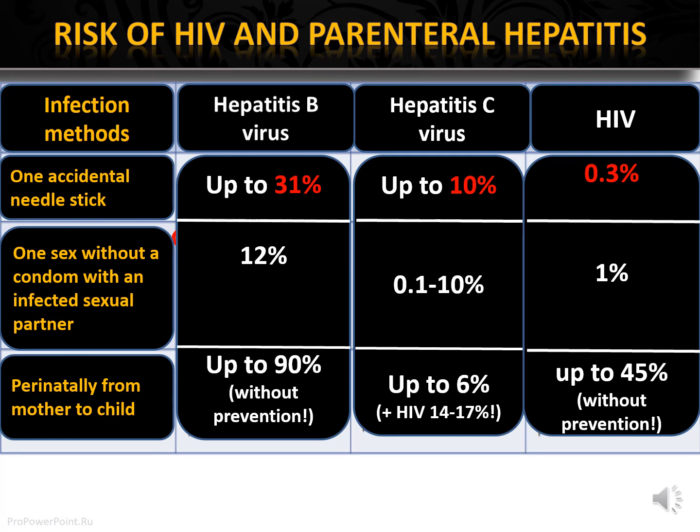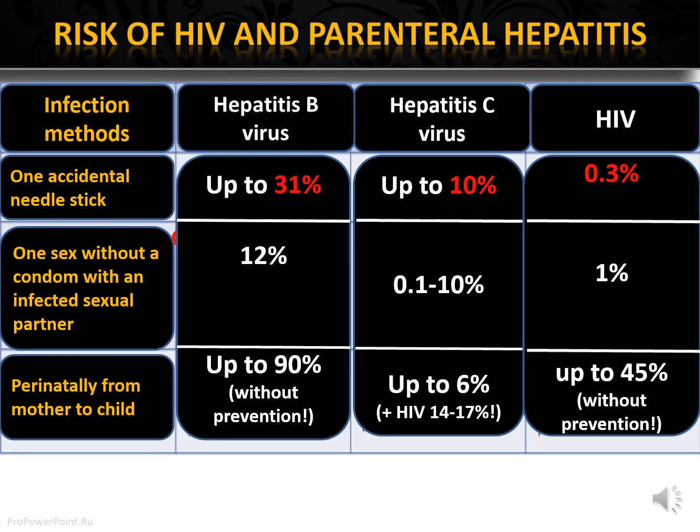And you see that in this situation, our medical staff are often infected with hepatitis B virus, up to 31%, and when we describe the situation with HIV, you see that more than 1% of accidental needle sticks are associated with this pathogen.